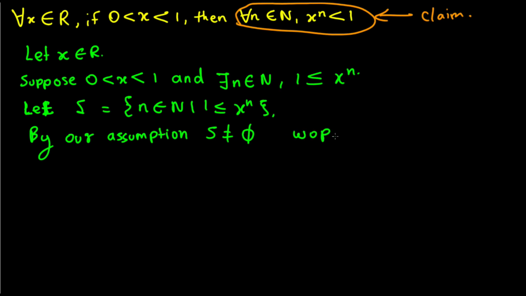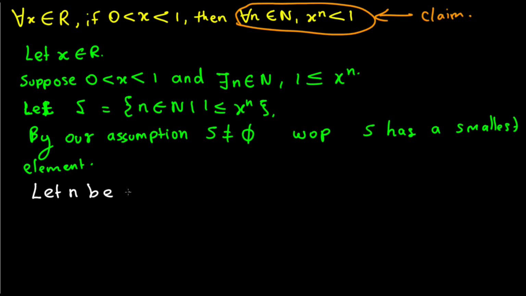By the well ordering property, S has a smallest element, and we are going to call this smallest element n. So let n be the smallest element of S.